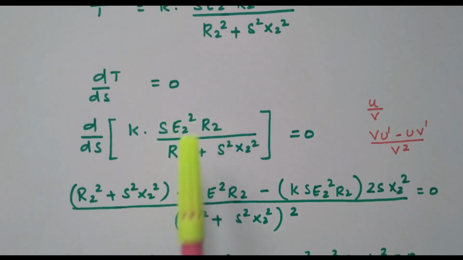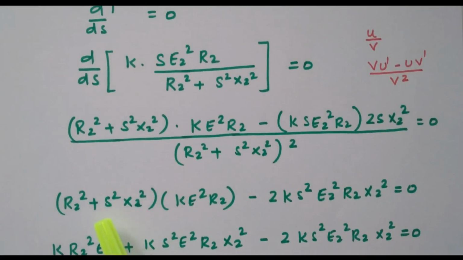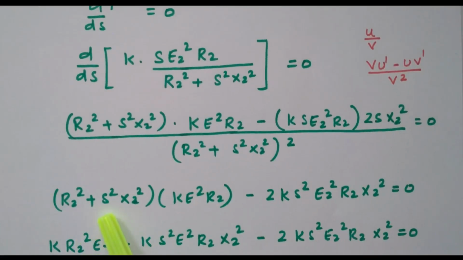So this is U, this is V. After differentiation, while cross multiplying, this term becomes 0, right? So we only got R2 square into S square into X2 square into K E square R2, minus this entire term 2 K S square E2 square R2 into X2 square, that is equal to 0.